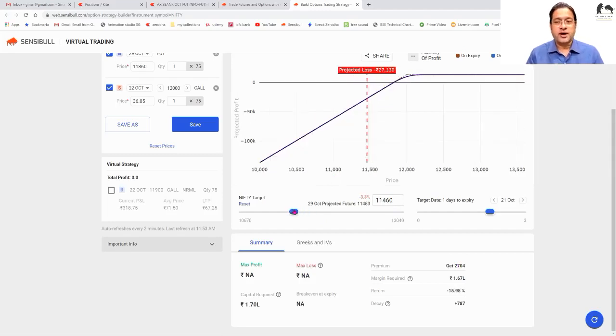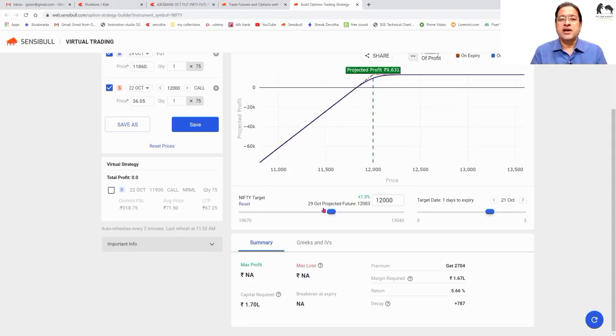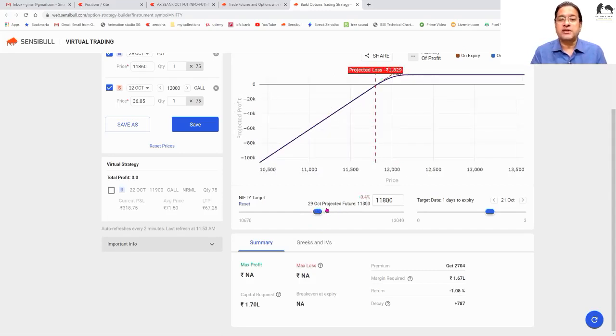I explained this for somebody holding stocks. Just for the example's sake, if somebody is holding stock and the market closes anywhere below 12,000, you get the premium and you get to hold the stock.